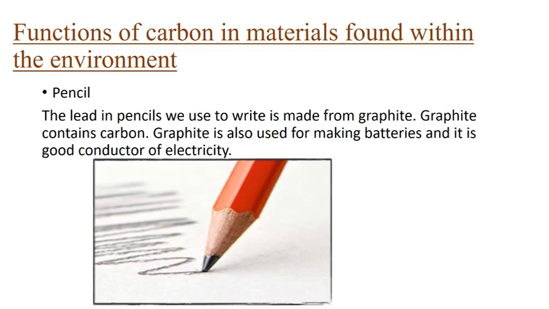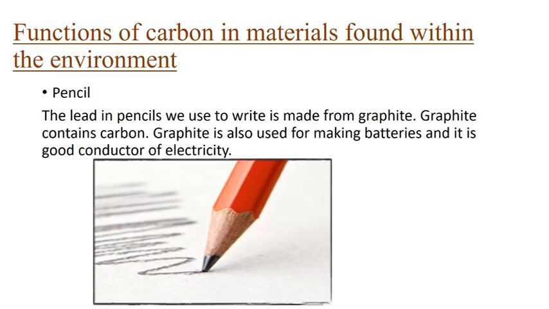Graphite is also used for making batteries and it is a good conductor of electricity. So you see the pencil in your picture and every other pencil. Yes, there's an amount of carbon in the pencil because graphite is used in making pencil and graphite contains carbon. So take notice of that.